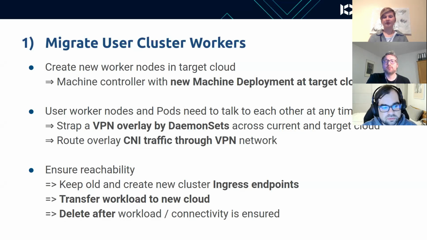And this works because the user cluster control plane in the seed cluster already has a VPN server deployed that we already use, so that the kubelet can talk to the API server and the other way around in Kubermatic. And then ensure that everything is reachable, right? Your ingress endpoints are reachable. The workload is moved over to the new worker nodes on the new cloud provider, and applications are reachable there.